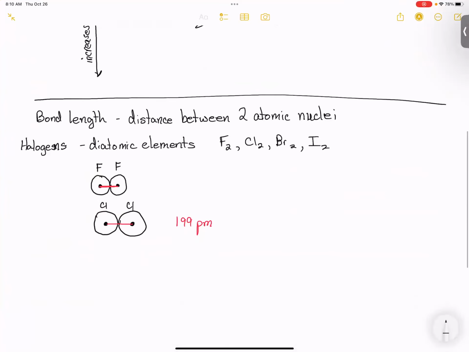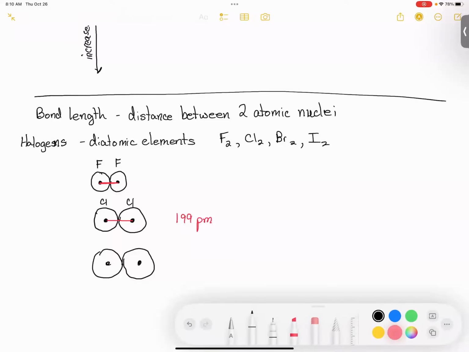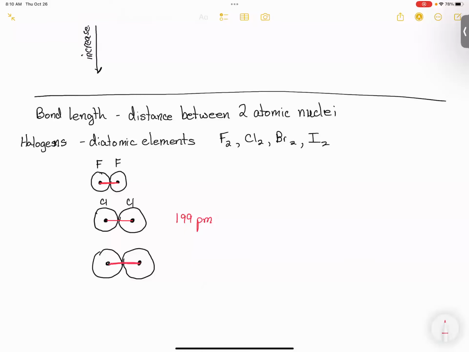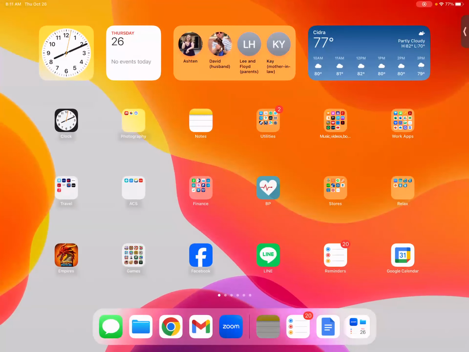The next one in line is bromine. Bromine's going to be even bigger, and therefore the distance between the two atomic nuclei should be longer. And it has a distance of 228.